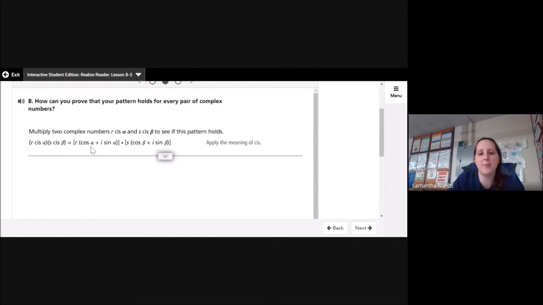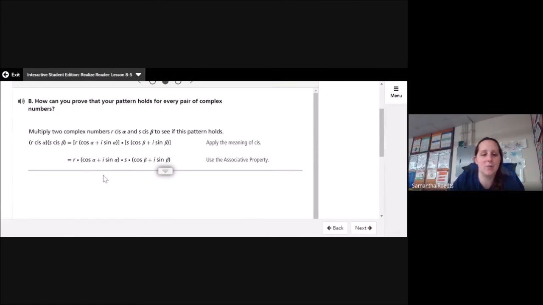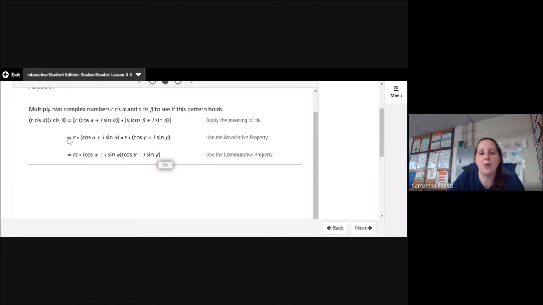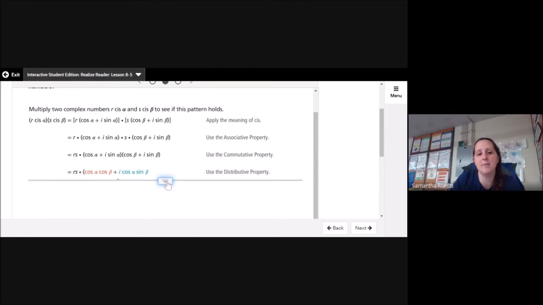I'm multiplying r times cosine alpha plus i sine alpha, times s times cosine beta plus i sine beta. Using the associative property, I can take out an r and an s. Then I can use the commutative property to put the r and the s together. So I have rs times cosine alpha plus i sine alpha, times cosine beta plus i sine beta.